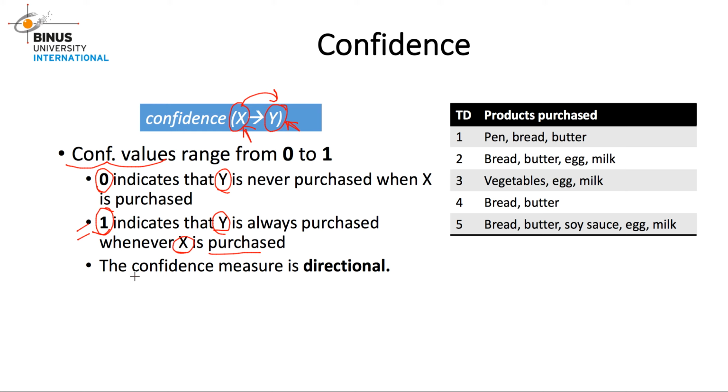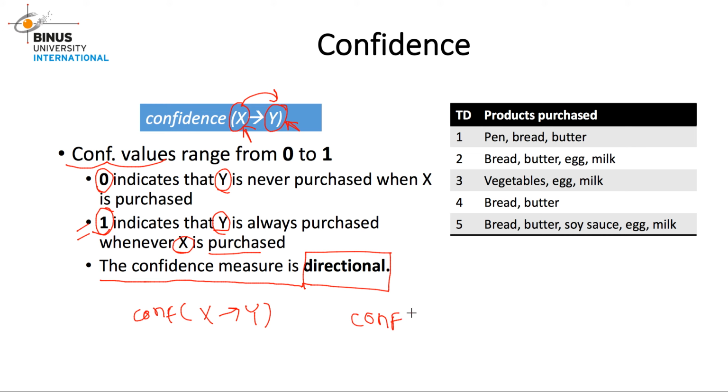Okay, I need to highlight this statement below. The confidence measure is directional. Remember, directional means if you have the confidence of X, then Y, and then you calculate the confidence of Y, then X, these two values are not the same. You know why? Go back to the formula.